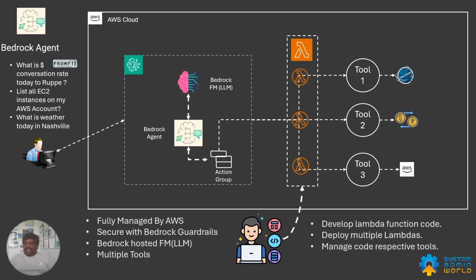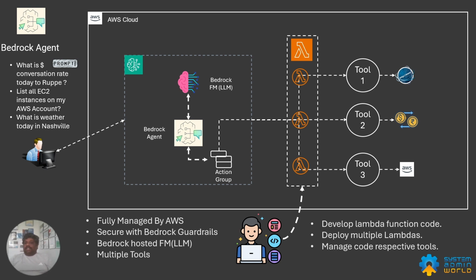This architecture is hosted entirely within the AWS Cloud and centers around the Bedrock agent, which acts as an orchestrator for user queries. Think of it as a brain that interprets requests, plans actions, and calls the right tools to get the answers.